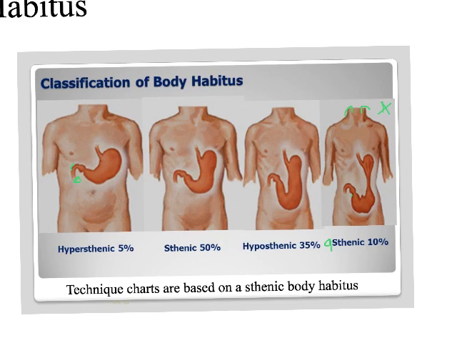Now, if you're wondering what these different habituses are describing and the Latin's kind of throwing you off, just remember that sthenic means normal. It means average, it means normal, it's 50% of the population, right? If I'm above normal, I'm hypersthenic, so that's heavier than normal, right?